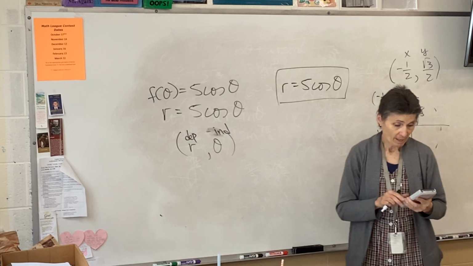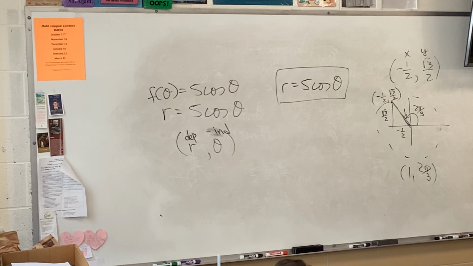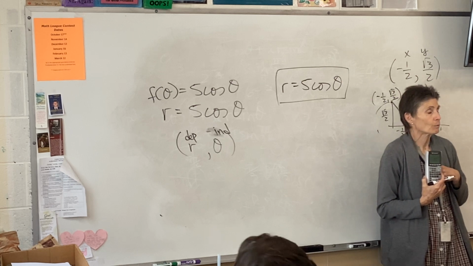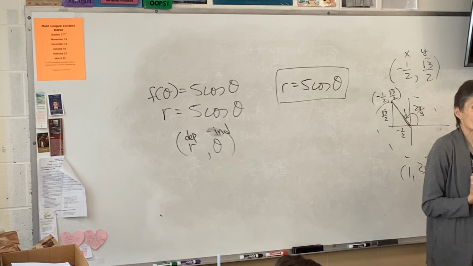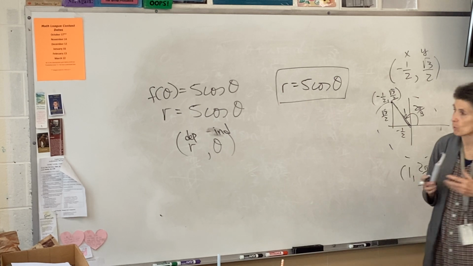All right, hit graph. Whoa, whoa, whoa! This is a different picture, isn't it? This is what we fondly call a rose. Now let's talk about what we observe about this equation.